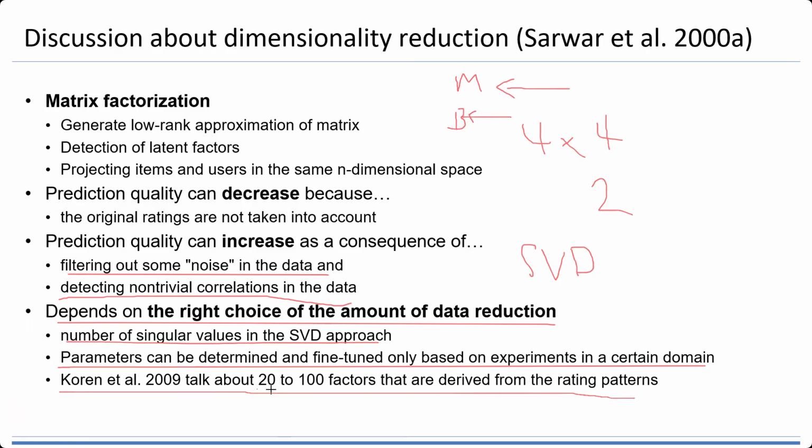He discussed how many factors can be used to derive from the rating pattern. In our case, we just select only two factors. I show you two factors to make it easy for the calculation. But based on this experiment, he mentioned that between 20 and 100 factors is good.